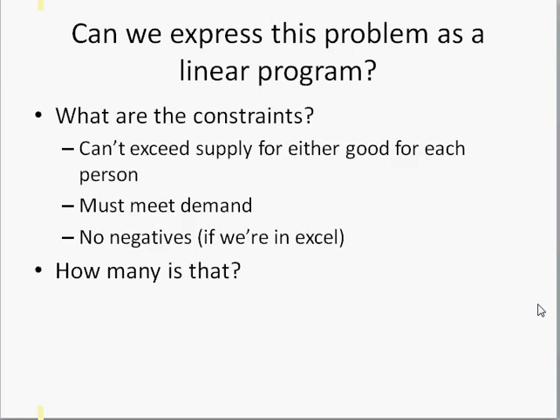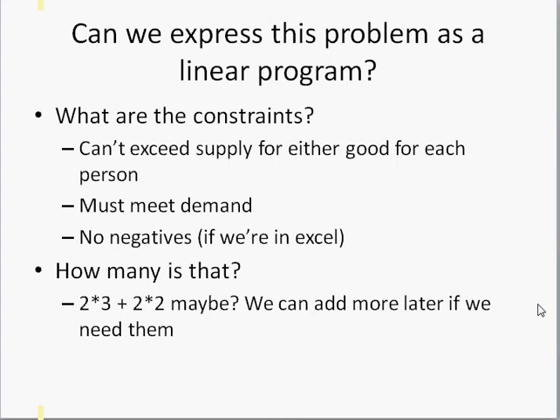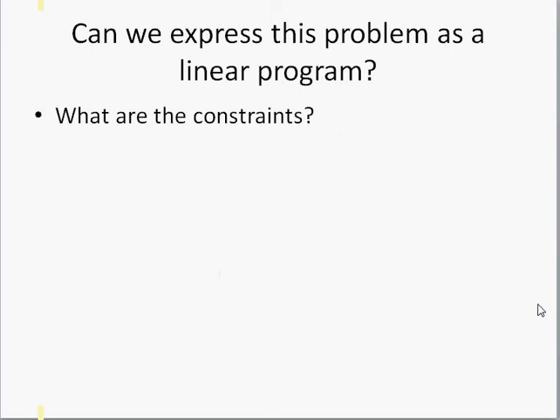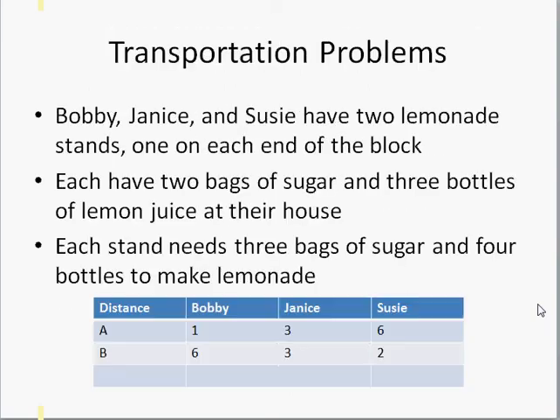So how do we do that? The constraints are, if we look here, right? Let's go back and look at this. So Bobby can't send more lemons or more sugar than he has, so that's 2. Janice can't send more lemons or sugar, that's 2.